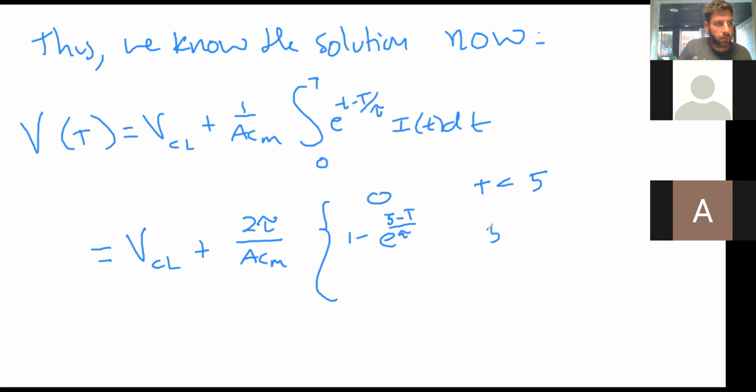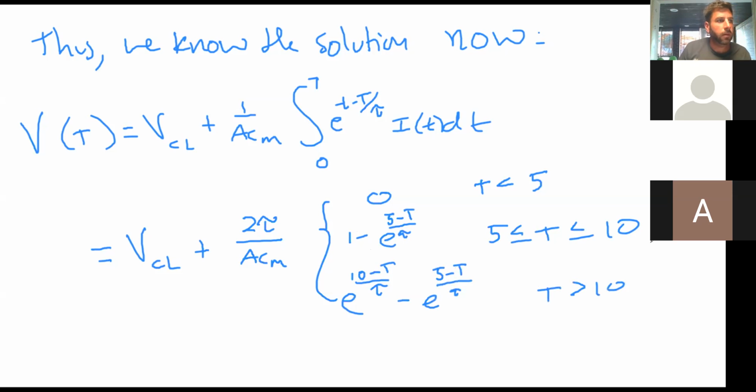And this is when capital T is between 5 and 10. And then the last one we found was e raised to the 10 minus t over tau minus e raised to the 5 minus variable over tau. And this was when t was greater than 10. Woo! That is brutal.